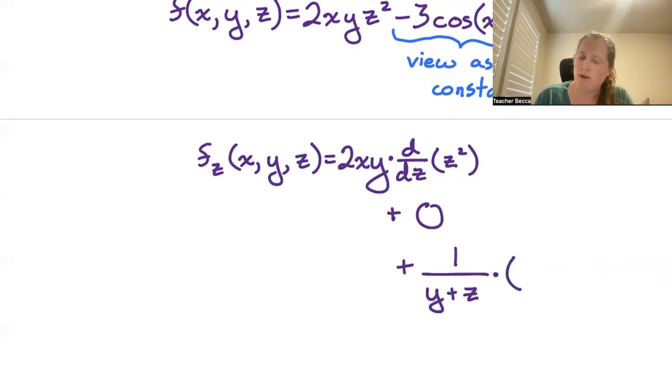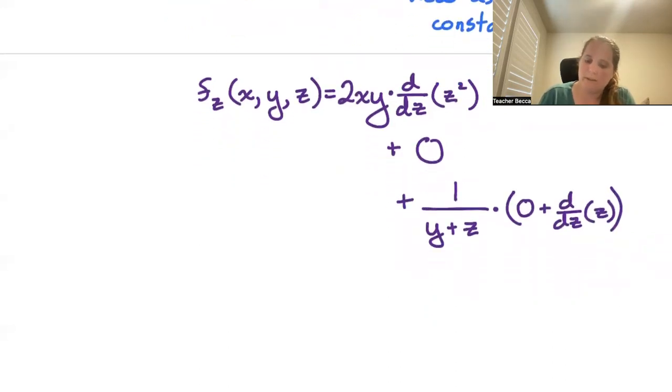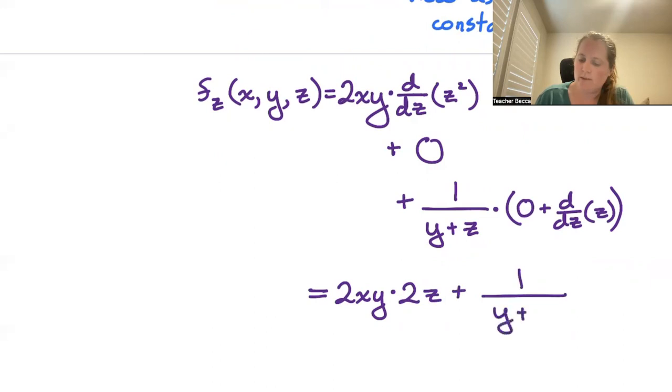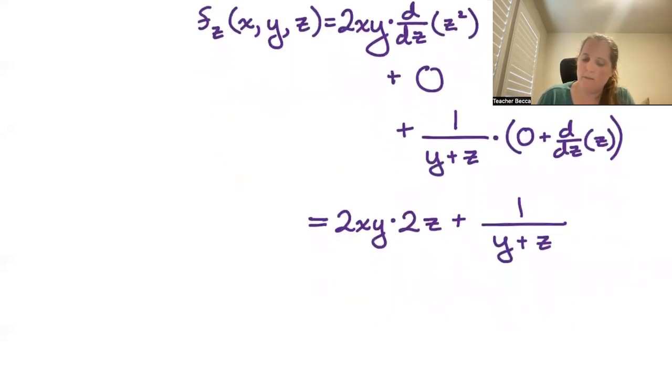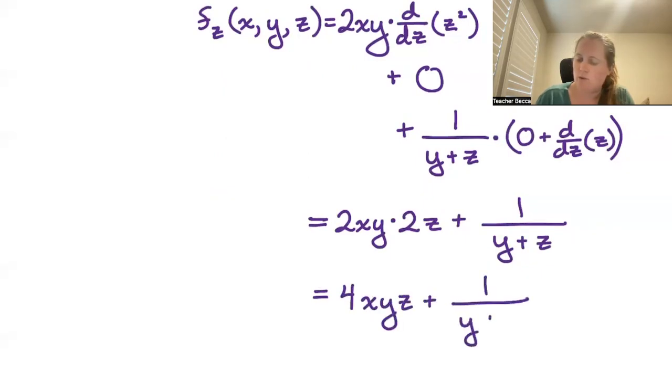Then we multiply by the derivative of y plus z; y is acting like a constant, so that'll just go to 0, and then we have the derivative with respect to z of z. So we should get that our partial with respect to z is 2xy times 2z plus 1 over y plus z, otherwise known as 4xyz plus 1 over y plus z.